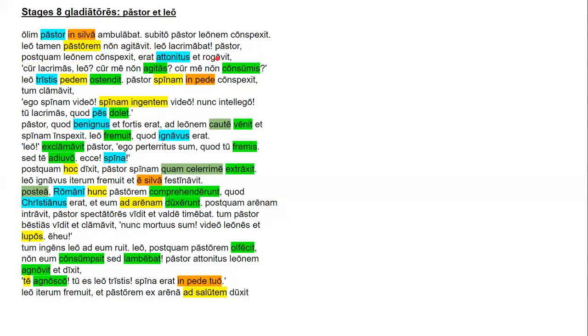So the shepherd, after he saw the lion, and then going back to our main verbs, erat, he was, an imperfect form of sum. So he was atonitus, and this means astonished. Now notice that atonitus is nominative.